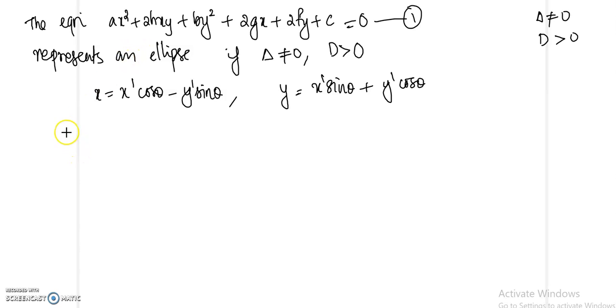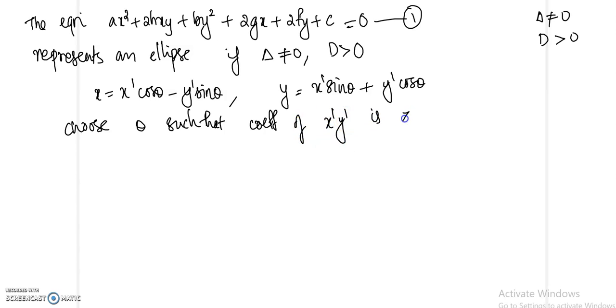So choose theta, just like you did earlier for the parabola, such that the coefficient of x dash y dash is 0. So the coefficient of x dash y dash goes away, and then the equation we get, so equation 1 reduces to the form.